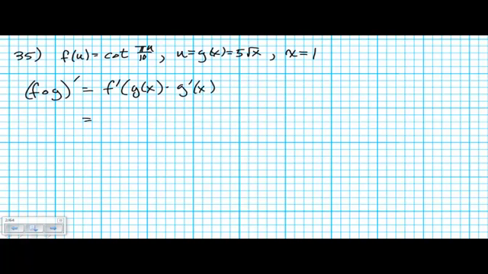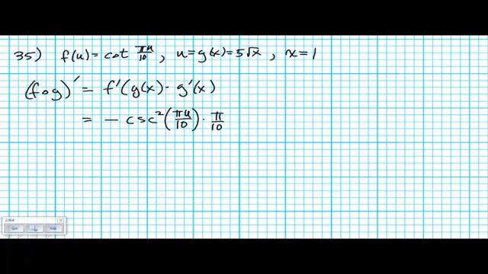F prime, so I need the derivative of cotangent. Co means it's going to be negative. Cotangent is going to be cosecant squared of, wait, I'm taking the derivative of that.